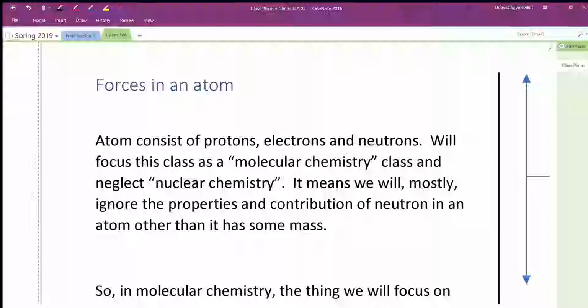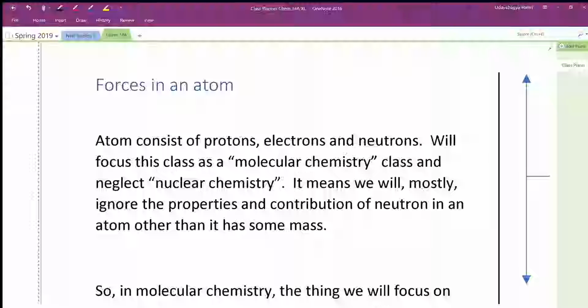The reason why I keep saying that, when we're talking about molecular chemistry, we talk about the properties of protons and electrons, is because electrostatic interaction, which is what we're calling it for now at least, is probably one of the largest forces there is in the universe. If you look at the gravitational forces between electrons and protons and compare them to the electrostatic interactions, you get a force that is a factor of 10 to the power of 30 times bigger in electrostatic interaction than in gravitational force.